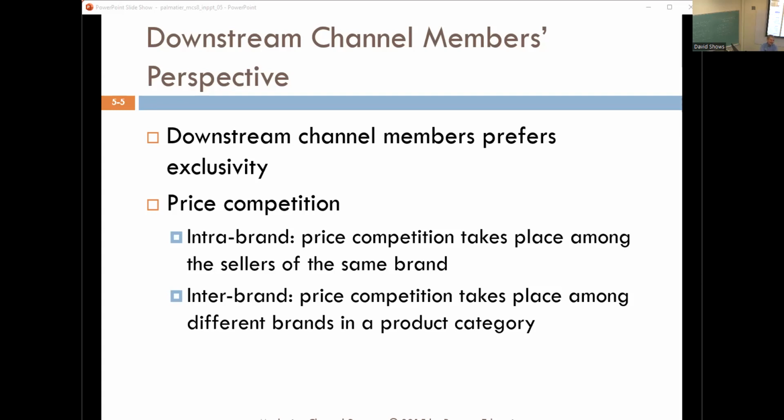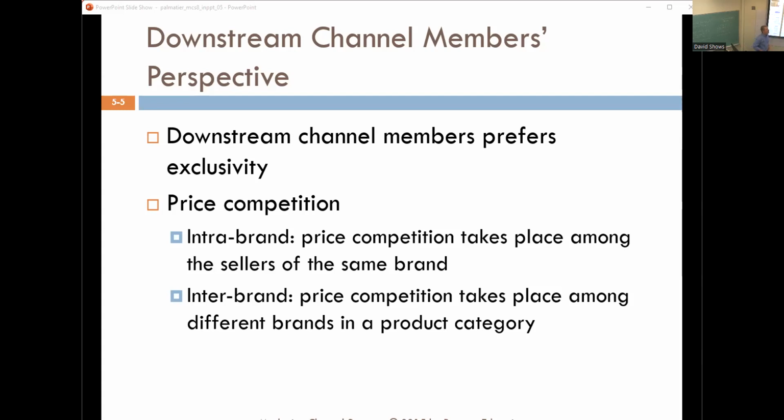Which means they do have to deal with competition, but with two different types. The first is intra-brand competition. Intra-brand competition is the competition that takes place of sellers of the same brand of merchandise.